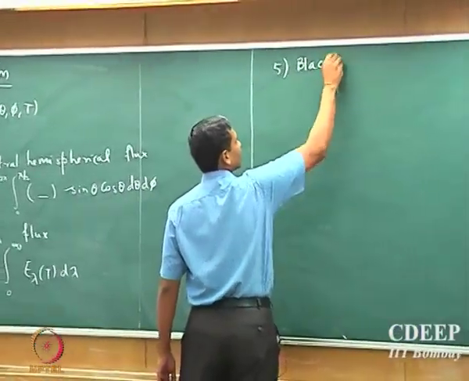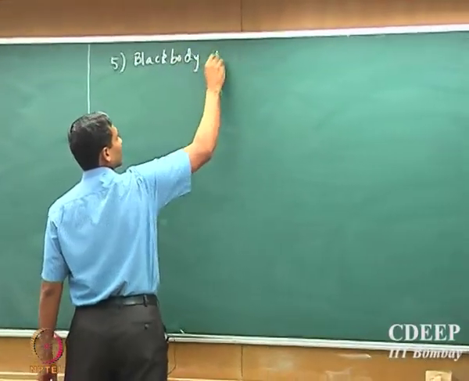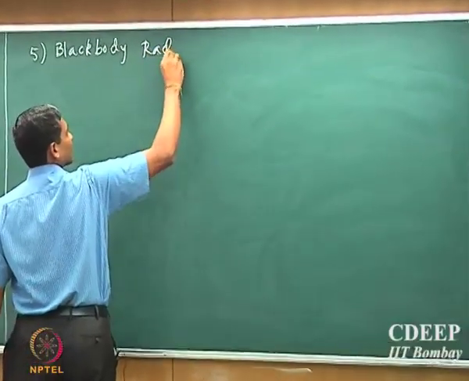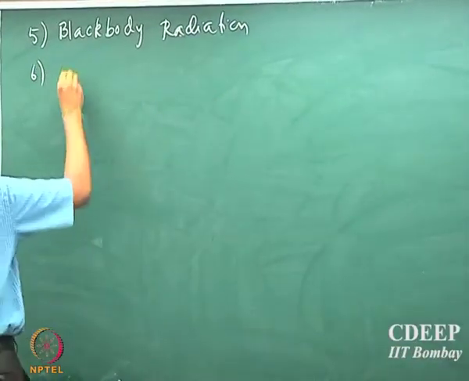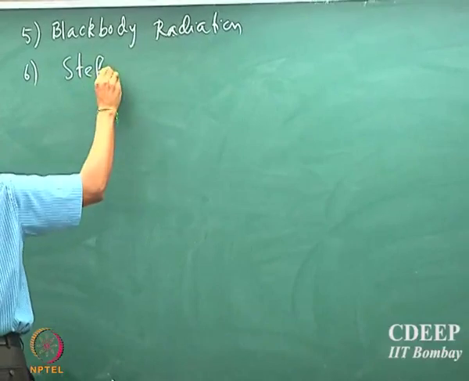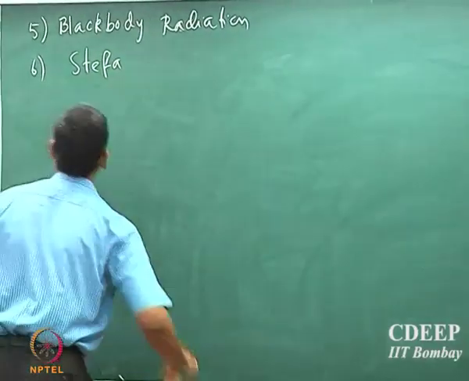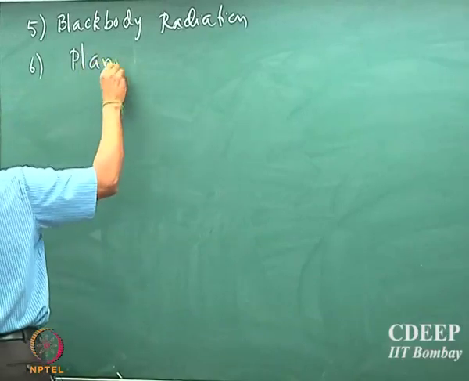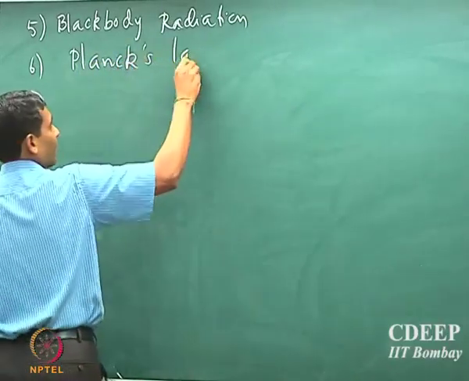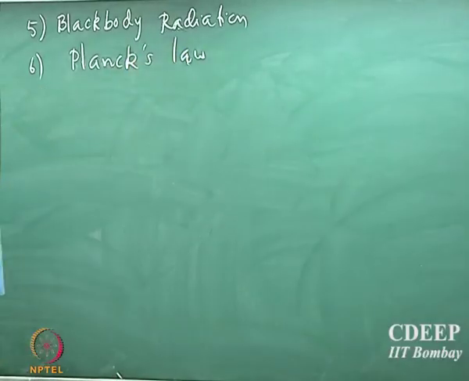And then we looked at blackbody radiation, and we looked at some of these laws. We saw Planck's law, and in fact Planck's law is the constitutive relationship, similar to what we saw as Fourier's law in heat transport and Fick's law in mass transfer.